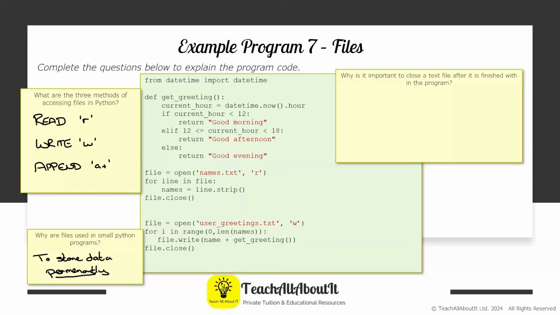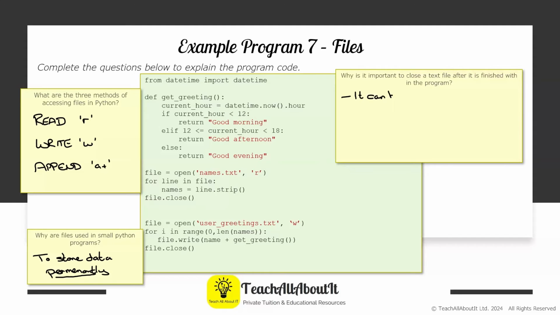You'll see at the end of each of the file use in this particular example that we have file.close. Now, file.close is used for 2 different things. When you have a file open, it is essentially locked out to all other users, but also locked out to all other programs.